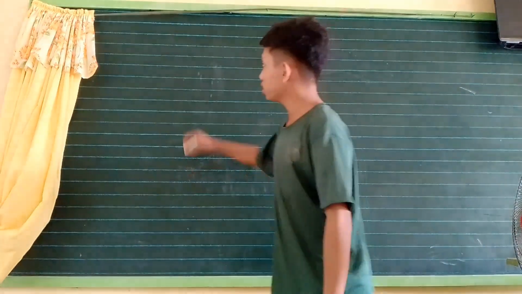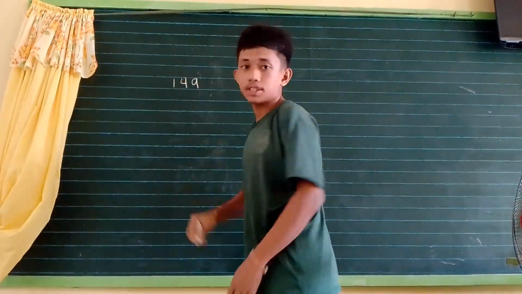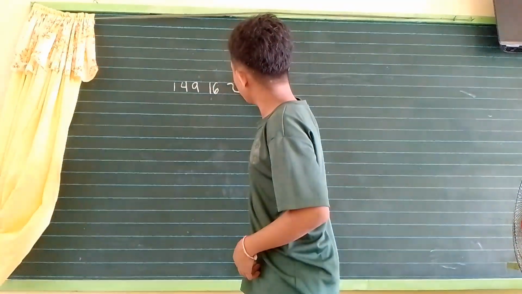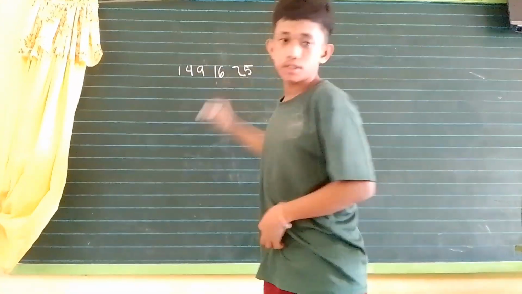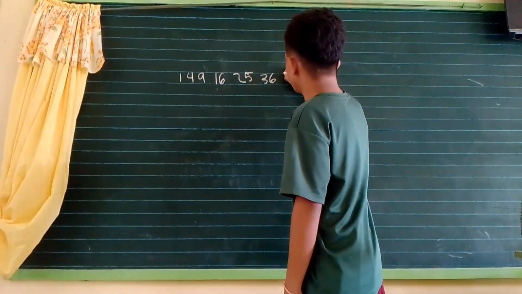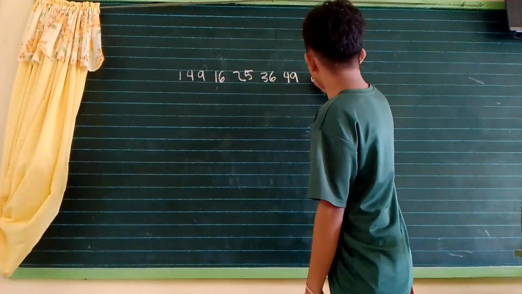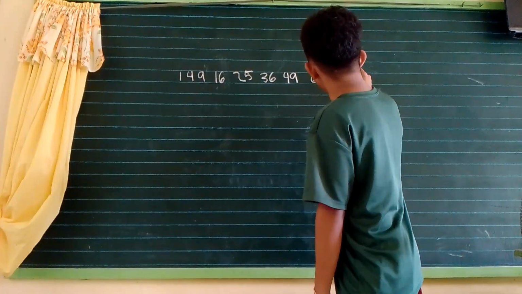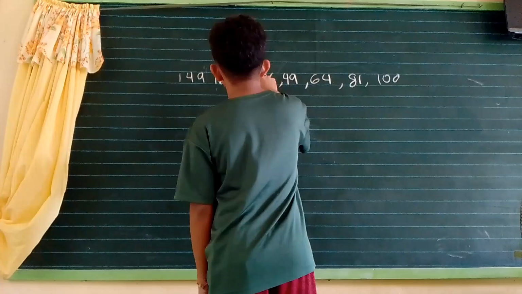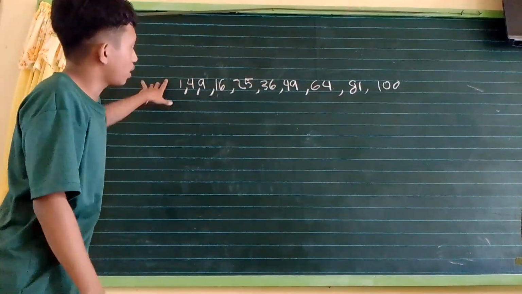Those numbers are 1, 4, 9, 16, 25, 36, 49, 64, 81, and 100. These numbers are perfect squares.